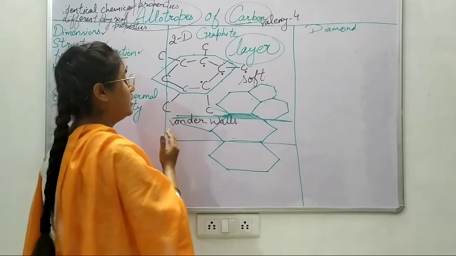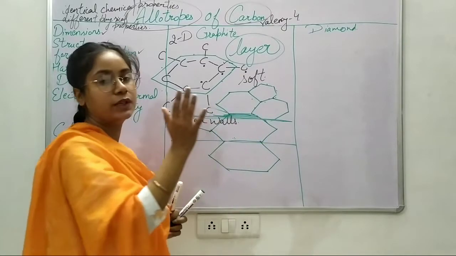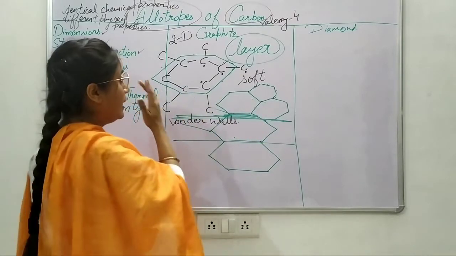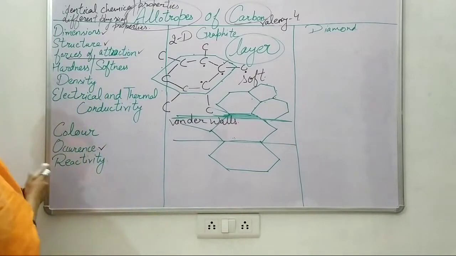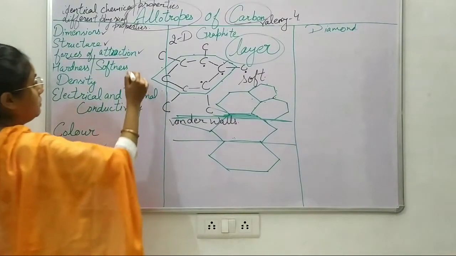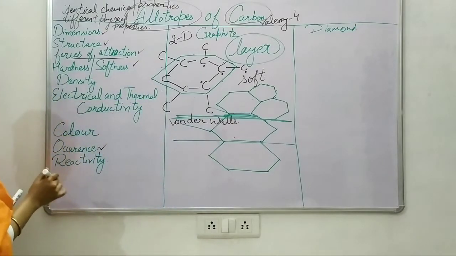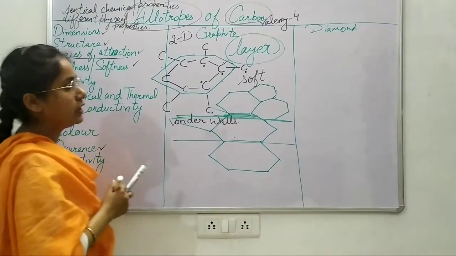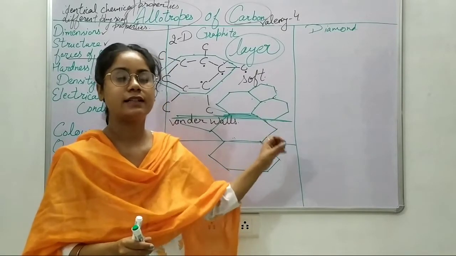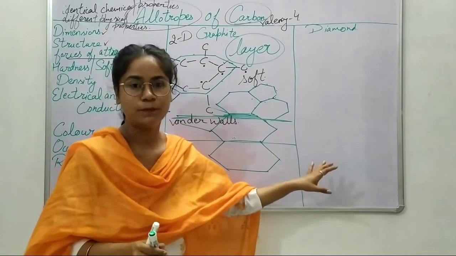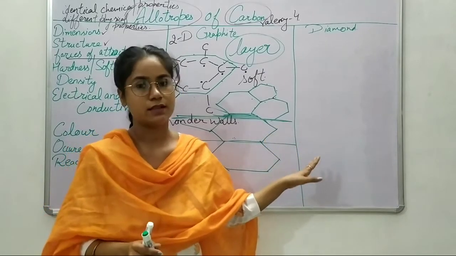Okay, and it has weak Van der Waals forces of attraction. That's why it is usually found soft. So we have covered the point: is it hard or soft? It is soft. Also it has low density. Well, it has density, but it has low density as compared to diamond, and we will discuss that.